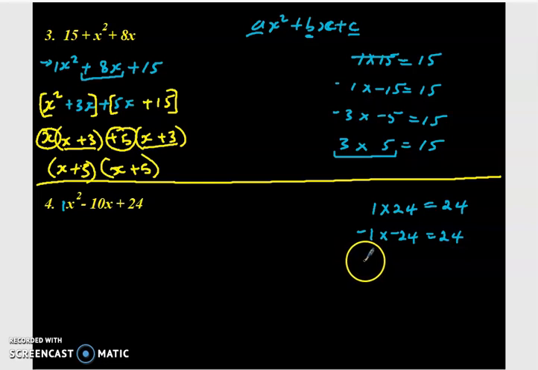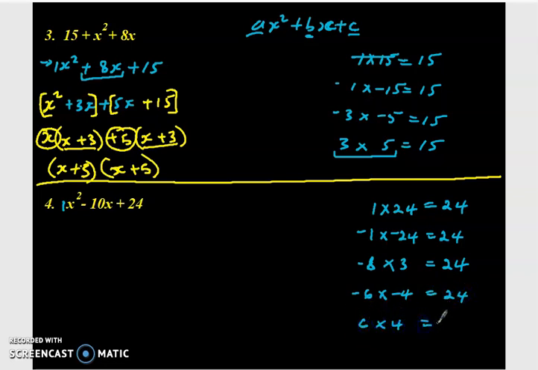And we have negative 8 times negative 3 gives you a positive 24, and negative 6 times negative 4 gives a positive 24. 6 times 4 as well gives a positive 24.